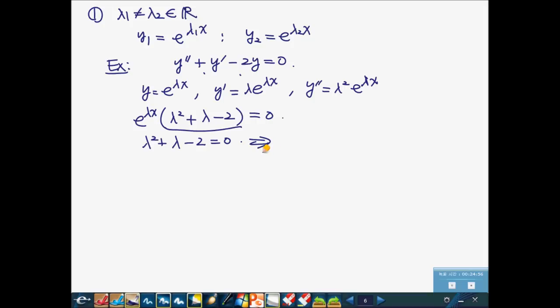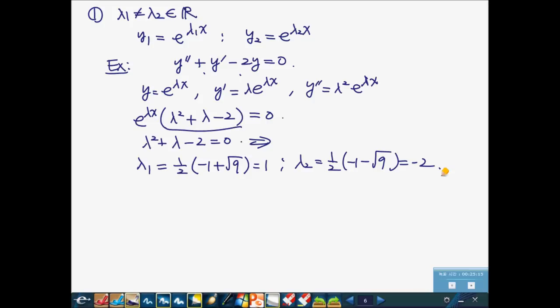And the roots of those are lambda 1 is 1/2 times minus 1 plus root 9, which is 1. And lambda 2 is 1/2 times minus 1 minus square root of 9, which is minus 2. So the calculation is quite straightforward. You have two different roots.